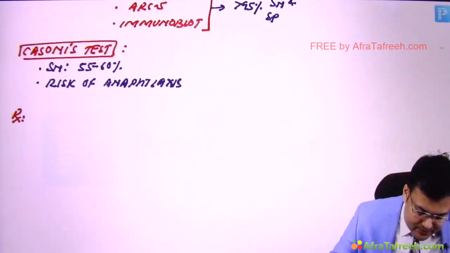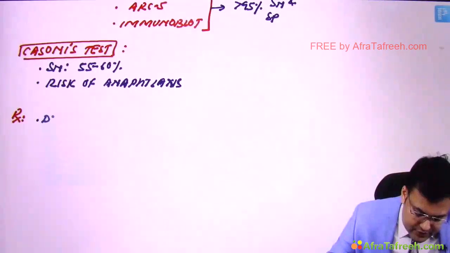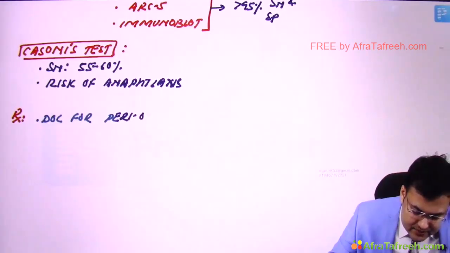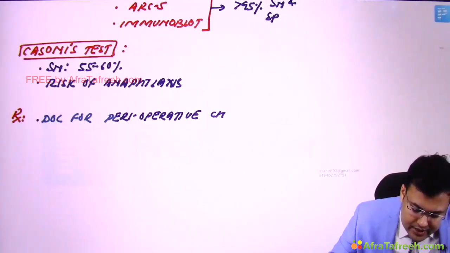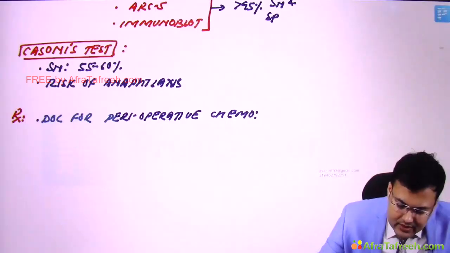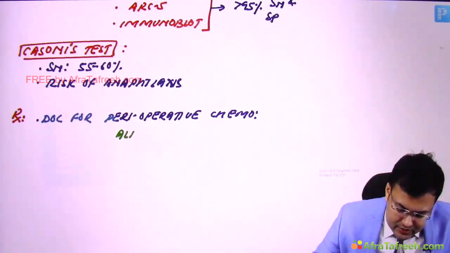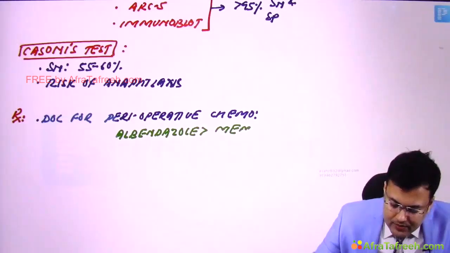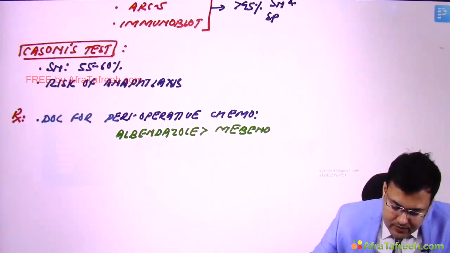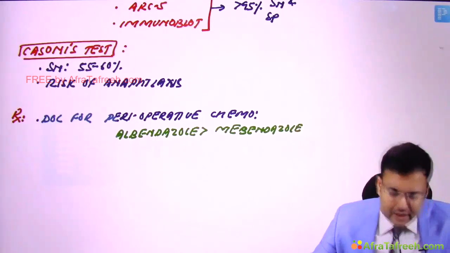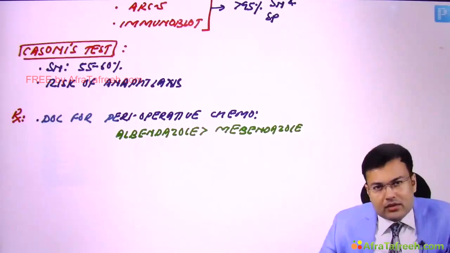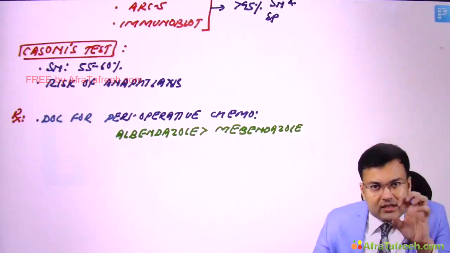Now see, albendazole is scolicidal, and it is going to shrink the size of the cyst.